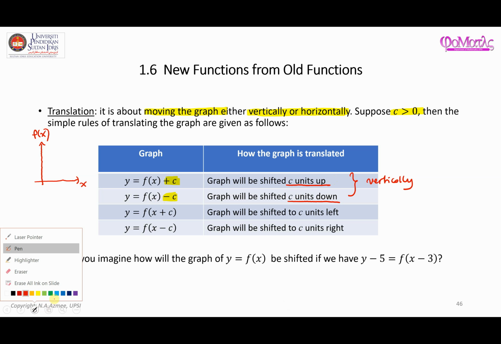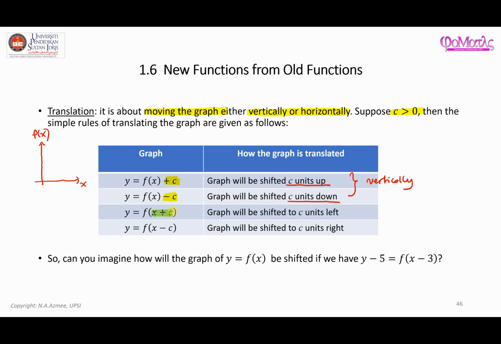Alright, next, if you talk about making changes with respect to x, because here you are adding a constant to x, x is the value with regards to the horizontal axis.